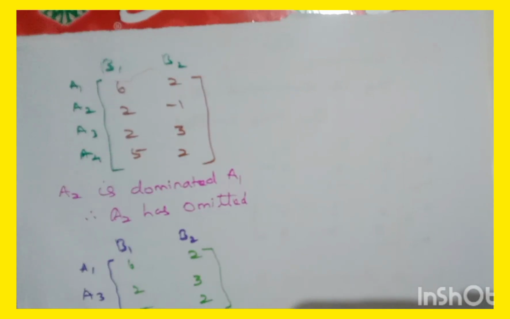Now go to the process row wise. Select the rows which have the least values. A2 is dominated by A1, which means A2 has lesser values than A1, so A2 is omitted. So the rows are reduced, but the columns remain B1, B2.